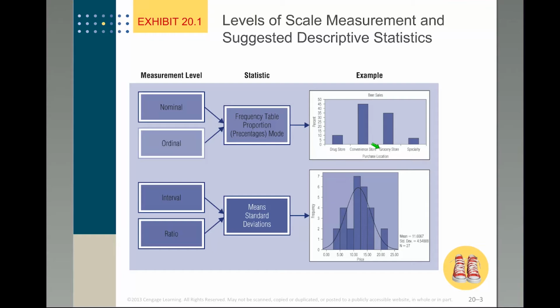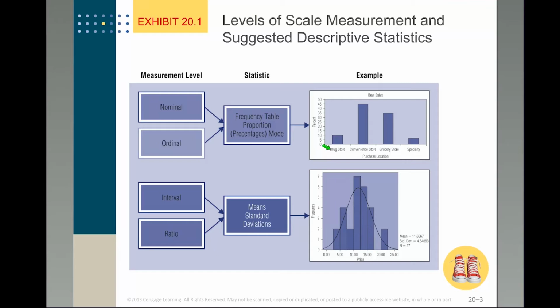Based on the survey, it seems like convenience store is the winning star, right? So more people are purchasing beer through convenience stores. The next one is grocery store, drugstore comes next, and specialty others is relatively the least.